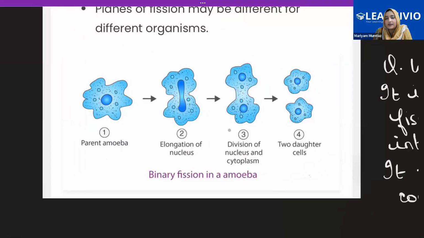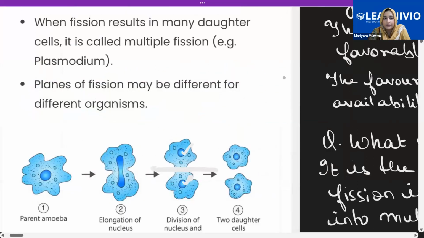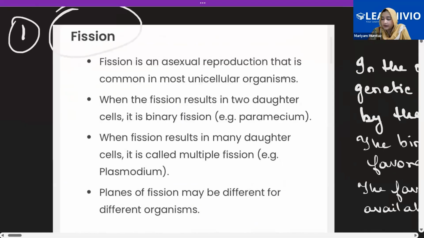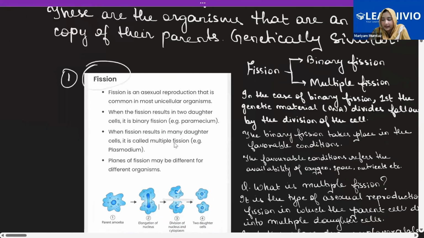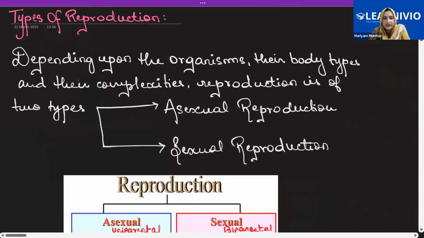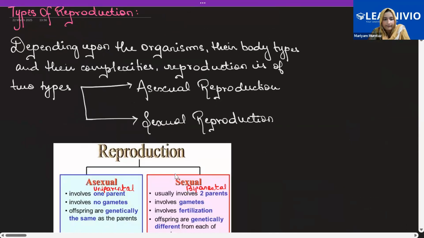It will reach the opposite poles like this, and then the cell will be divided and ultimately form two daughter cells. So when we talk about binary fission, the best example is amoeba itself. Furthermore, always remember at the end of binary fission, two daughter cells are made. Okay. First, you people write down this much and then we'll continue.